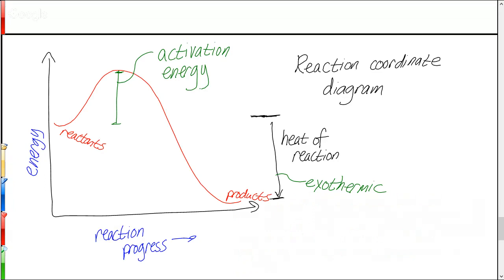Once the reaction gets going, if it's exothermic, it's making its own energy to keep it going. But at first, it needs that start. It needs that spark, that energy to get started. And in a lot of cases, that barrier is enough to stop the reaction from happening. And so it can be difficult to get your reaction going.